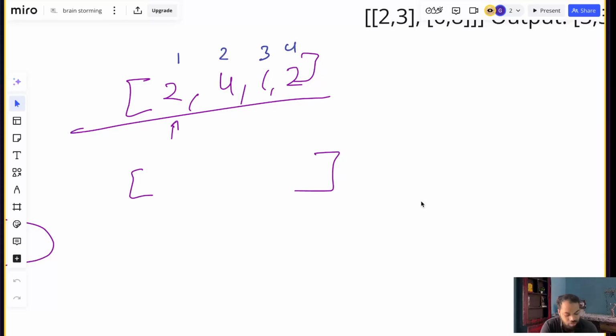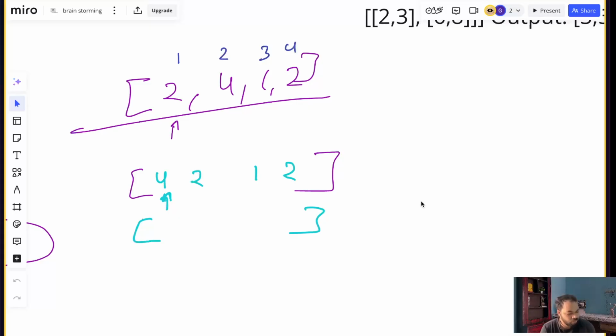So 2 is not at its correct index. What I'll do is replace it and put it at its correct position. So here it becomes 4, this will become 2, and this is 2 2 3 3, right? Then let's go to the next iteration, and our index will stay there, because until this value matches its index, it won't go ahead.